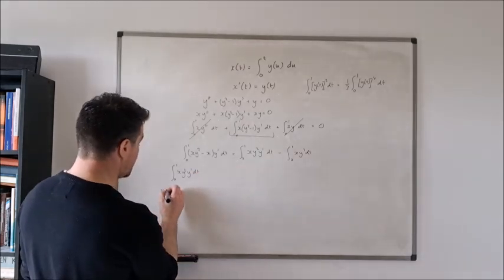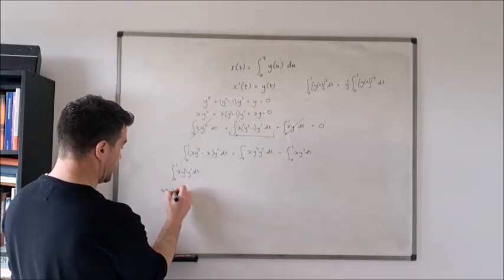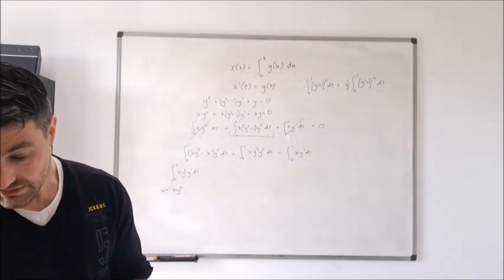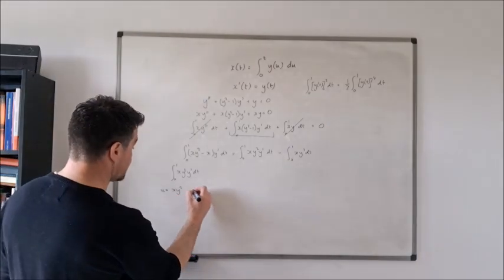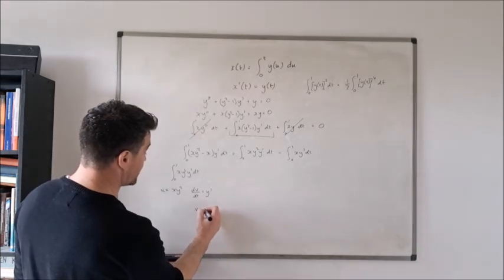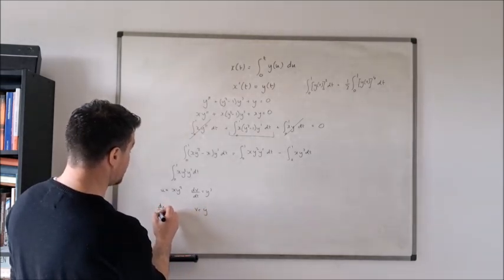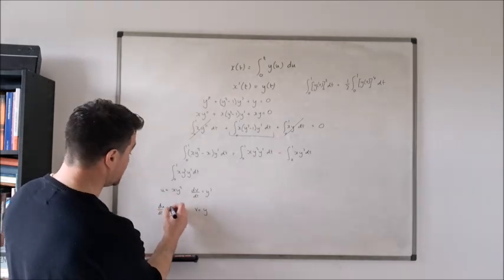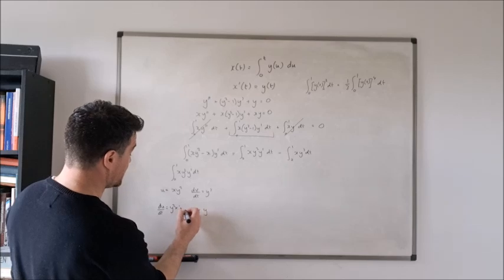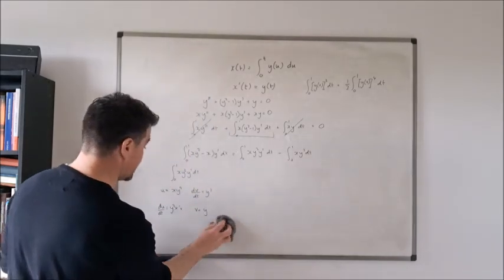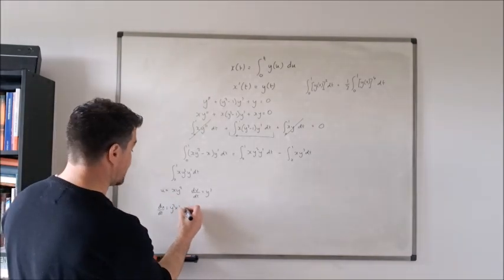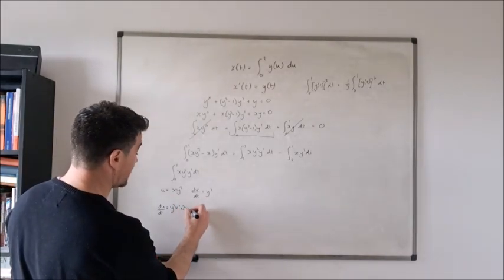And okay, so u is equal to, what shall I make it equal to? xy squared. I just want to make sure. I'm going to refer to my notes because I don't want to get this wrong at this stage. Yeah. And dv by dt is equal to y primed. That means that v is going to be equal to y, and du by dt, I've got to use the product rule, is going to be y squared times x primed plus x times 2y y primed.